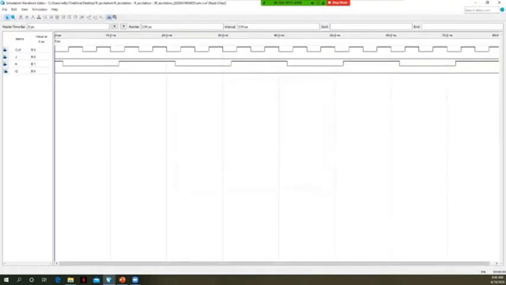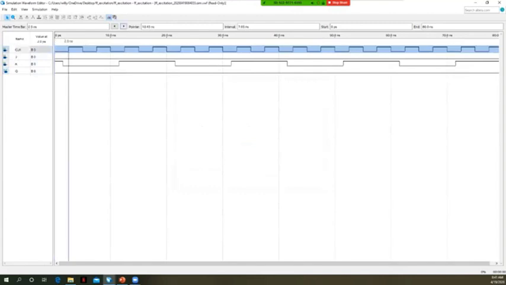What I was going to say is we're going to see that Q is always going to be 0 here with this particular combination. So here, let's look at our clock. Our first rising clock edge, J and K are both 0. So Q maintains its state. Its state happened to be a 0. We're going to go across.